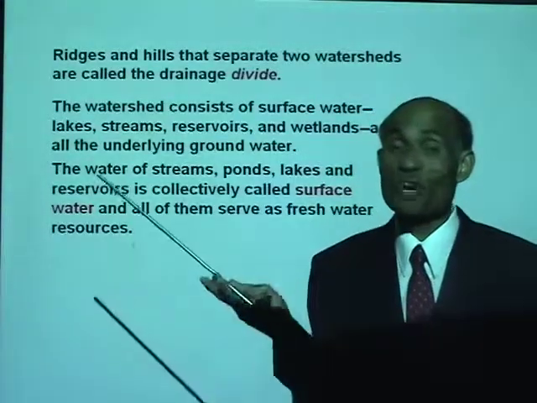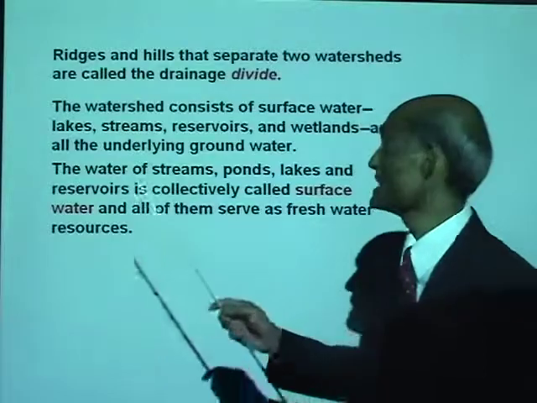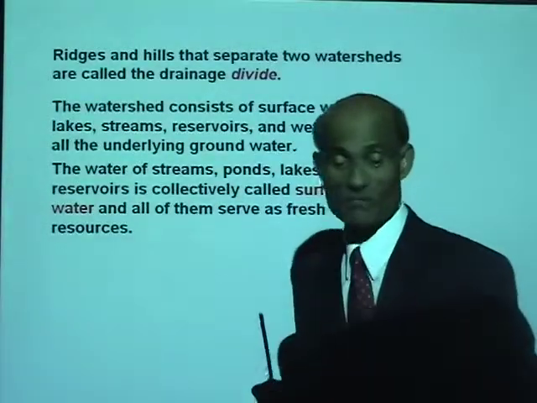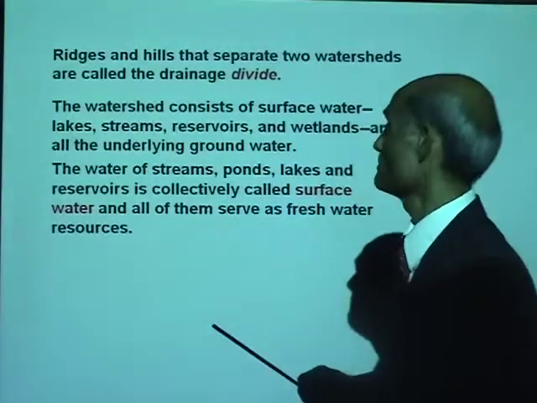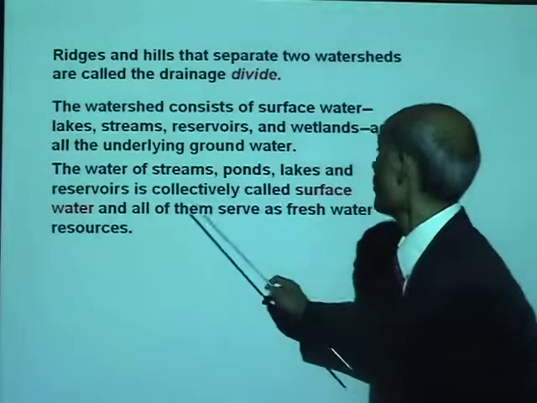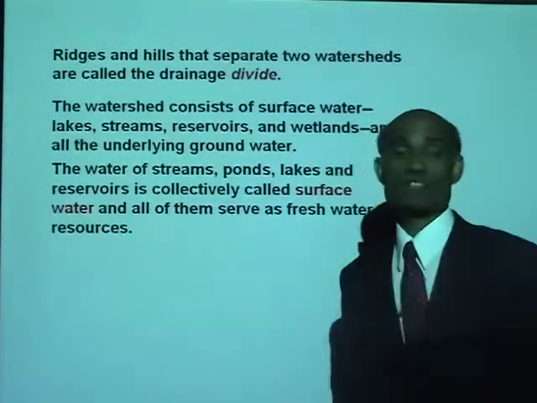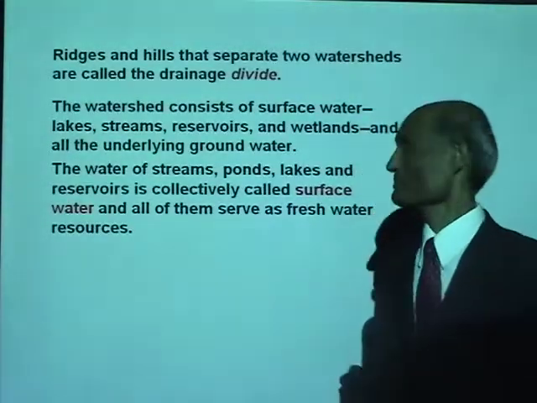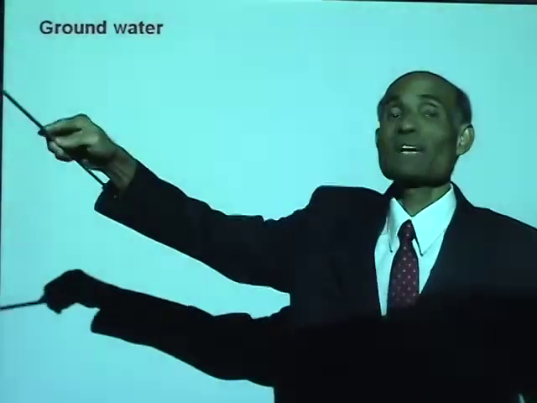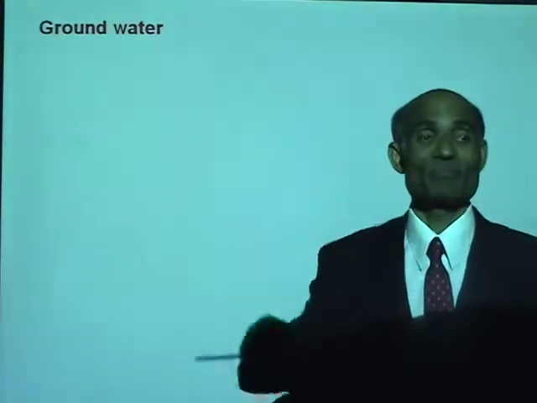And most of our water need is actually taken from surface water. And all of them serve as freshwater resources for us. Now, Peace River serves as the water resource for most of the counties in this area.